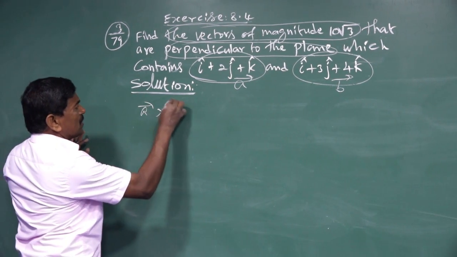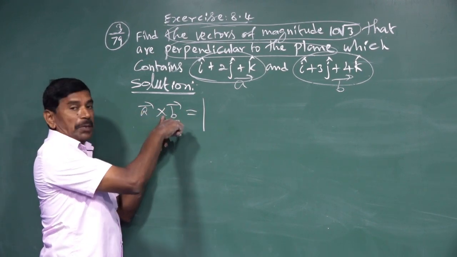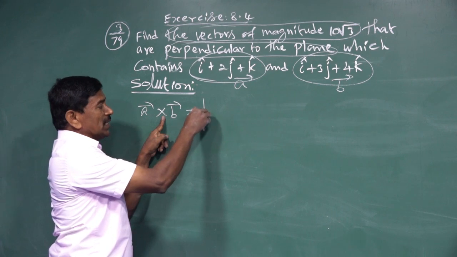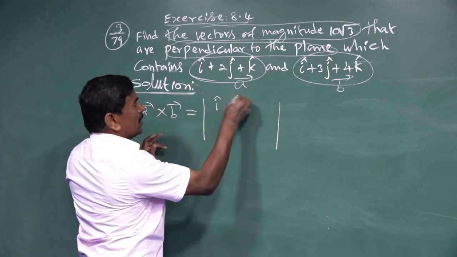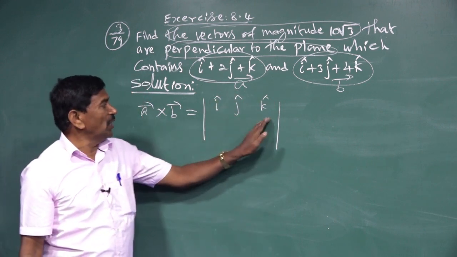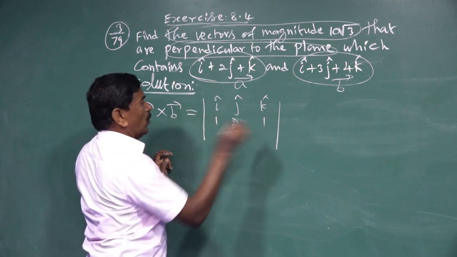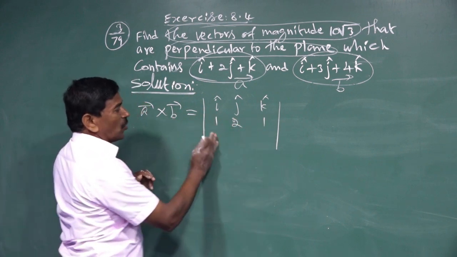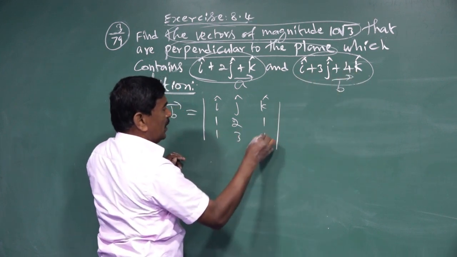A vector cross B vector: if the cross product is defined between two vectors, then its answer is given by the determinant i j k. First row i j k, second row the A vector coefficients, that is 1, 2, 1. Third row the B vector coefficients, that is 1, 3, 4.